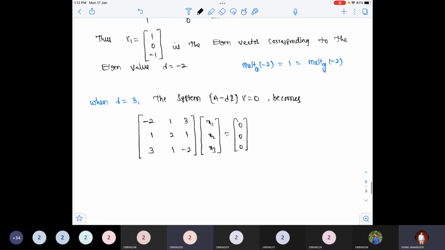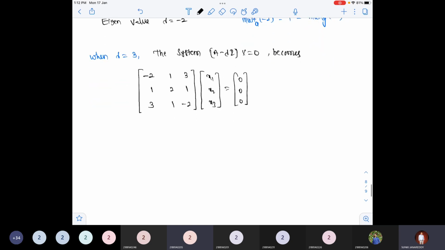Okay, here we need to solve this one again. Here fix first row only. By fixing first row you can solve this one.